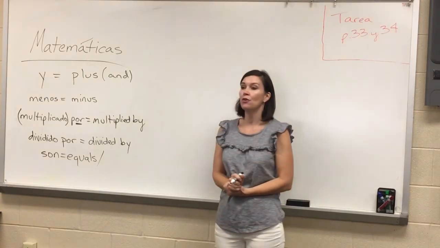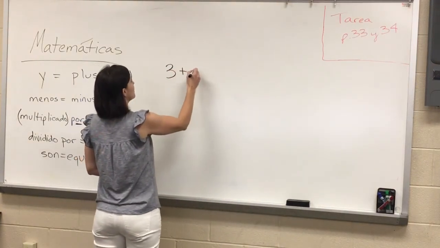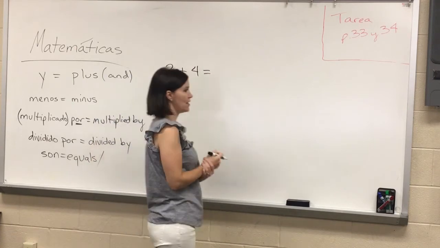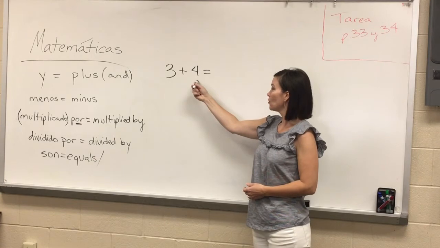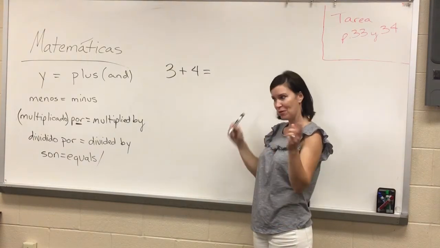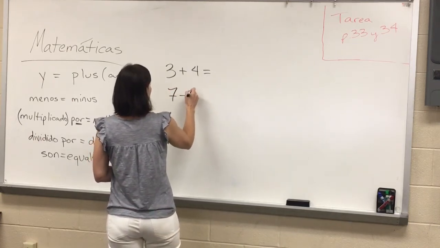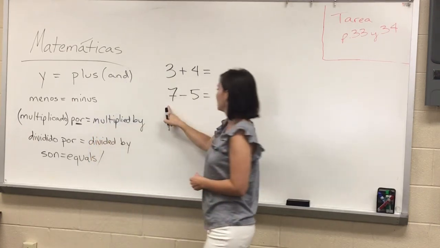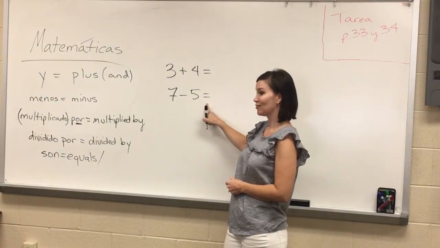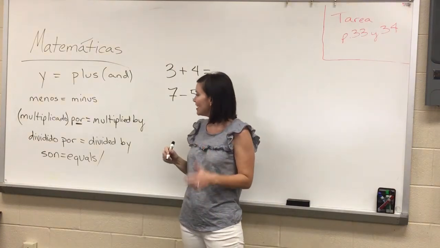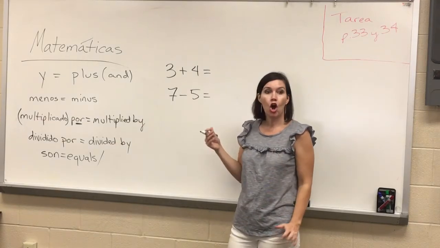So, for instance, if I were wanting to say this, how would I say that? 3 plus 4 equals 7, in Español. Muy bien. Okay. What if I wanted to say this in Español? All right, muy bien. You guys are getting it. The son, it means equals, but it also means are.